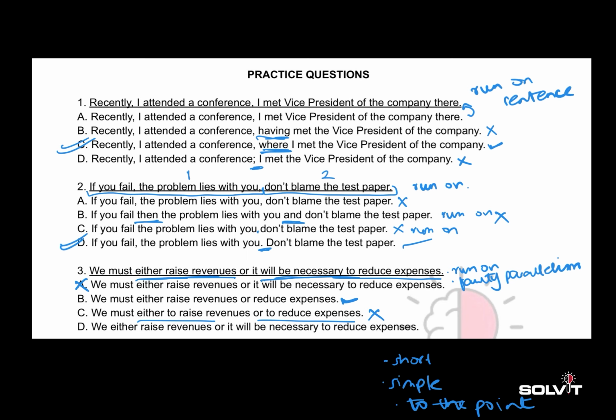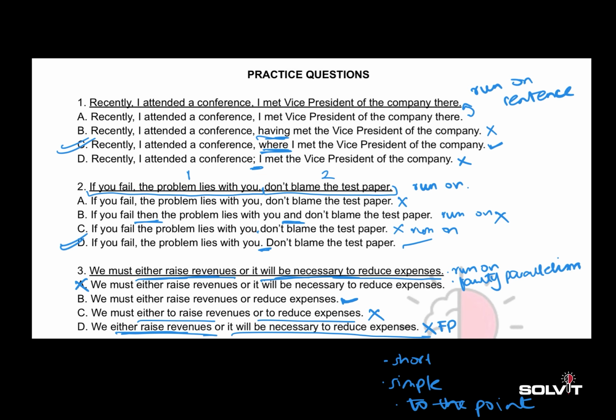Option D is, we either raise revenues or it will be necessary to reduce expenses. Again, same problem over here, faulty parallelism. Why? Because look at this, either raise revenues or it will be necessary to reduce expenses. Both of them are not in the same form. So there is faulty parallelism in this sentence, hence incorrect.